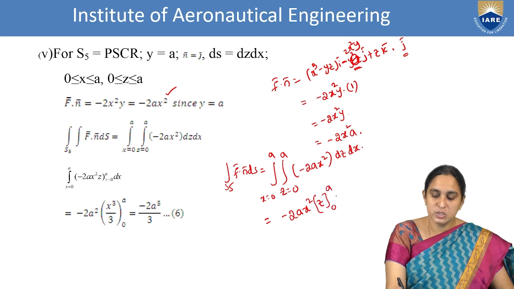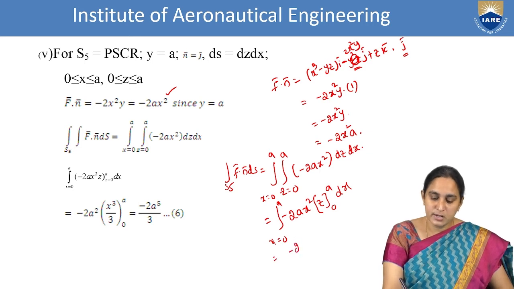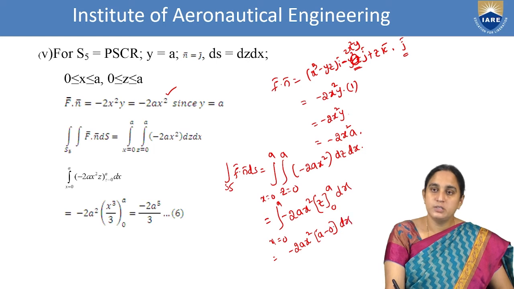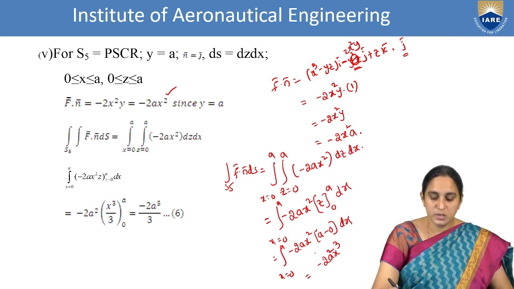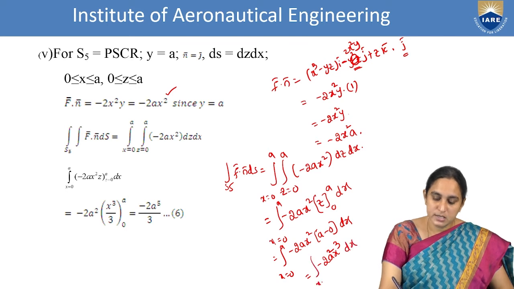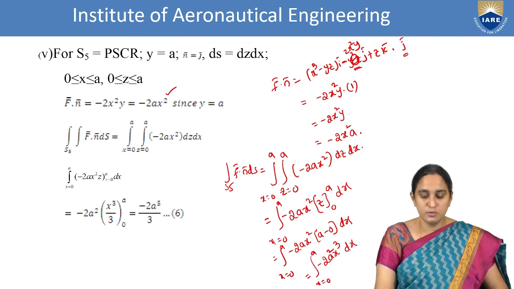Z limit points are 0 to a into dx, that is x is 0 to a. Okay, that is minus 2a x square into a minus 0 into dx. Here x is 0 to a. From that minus 2a x square into a square, that is minus 2a square x cube into dx. X limit points are 0 to a.